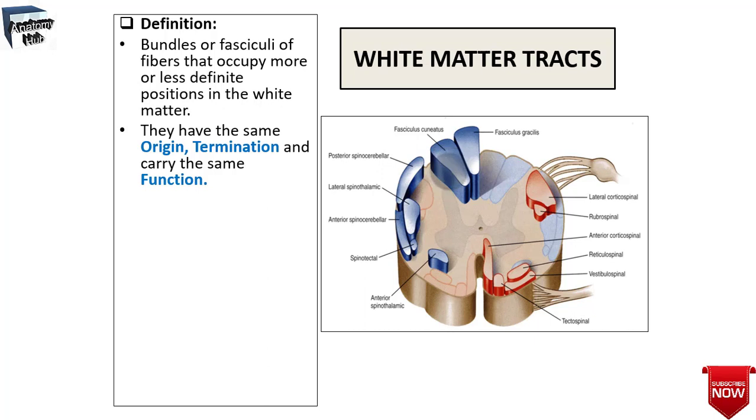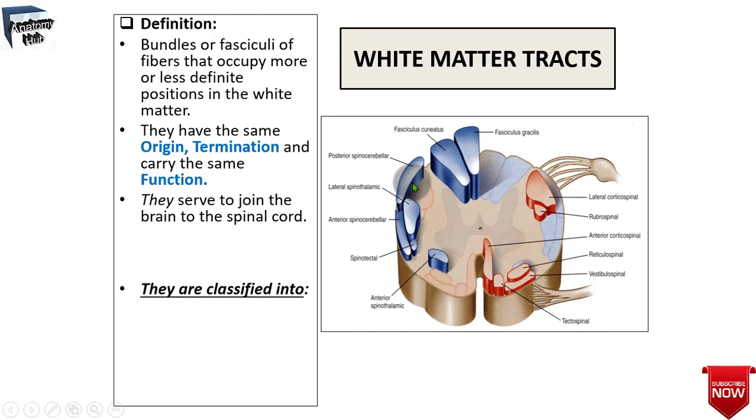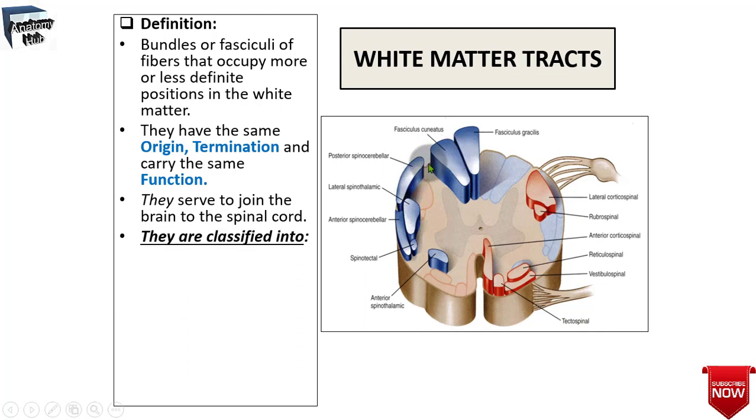They have the same origin and termination, and carry the same function. They serve to join the brain to the spinal cord, and they are classified into short tracts, the intersegmental tracts found surrounding the gray matter, and long tracts.